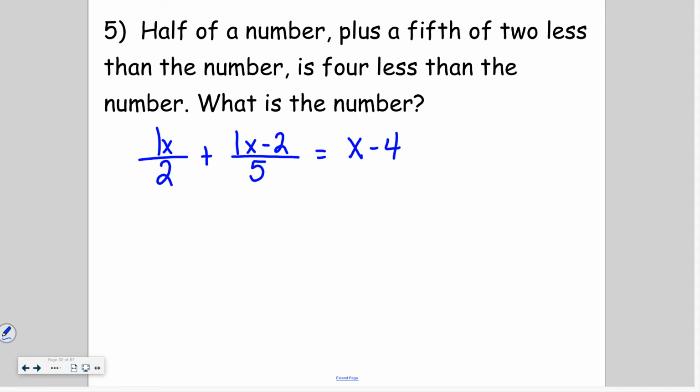There you go. Now, common denominator would be 10. So I'm going to multiply by 5. Multiply by 2. Then I'm going to multiply by 10 if we make this a fraction.